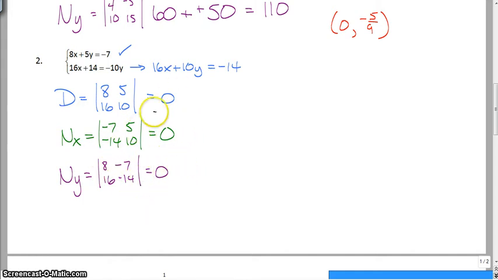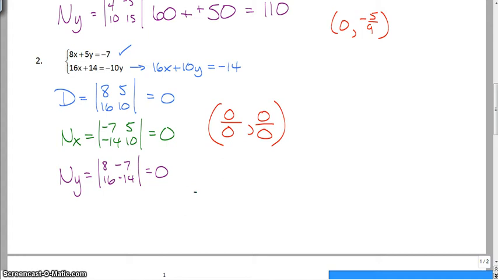We got all zeros. So what do you do when you have all zeros? Well, you don't really have to think much about it. Just use the pattern: Nx over D, comma, Ny over D. Can you divide by 0? No, you can't.